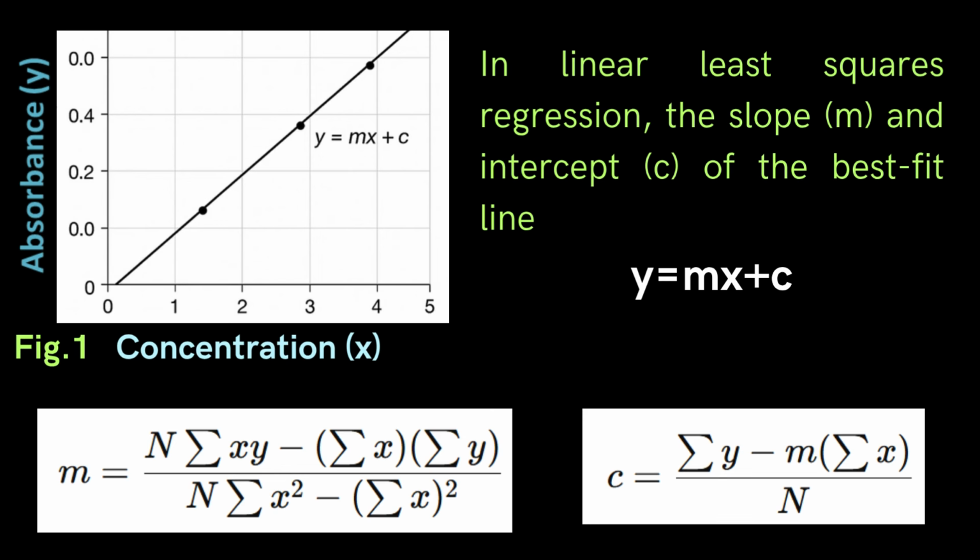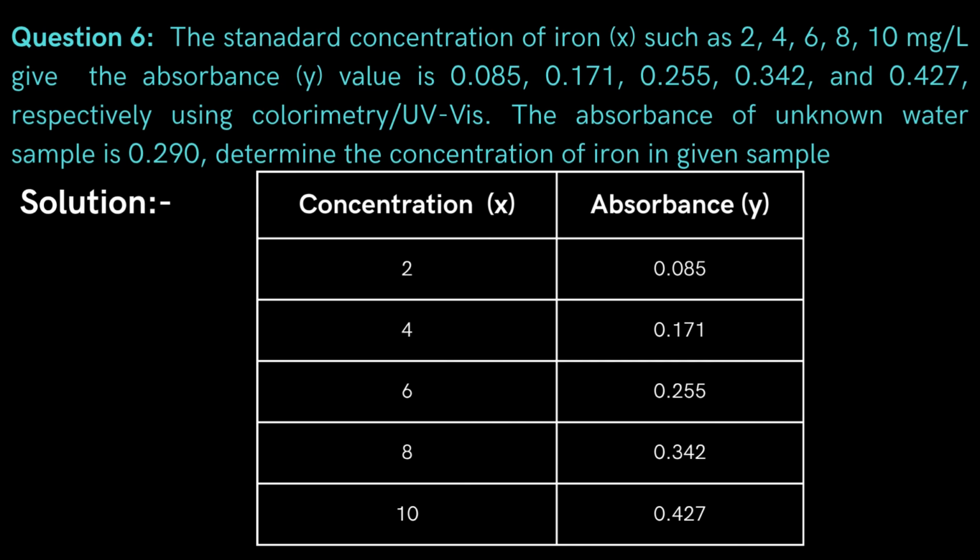Further, the intercept c is summation of y minus m into summation of x divided by n, where n is the number of observations. Here we will understand how the concentration of an unknown substance can be determined using the linear regression line or linear least square equation, y equal to mx plus c.